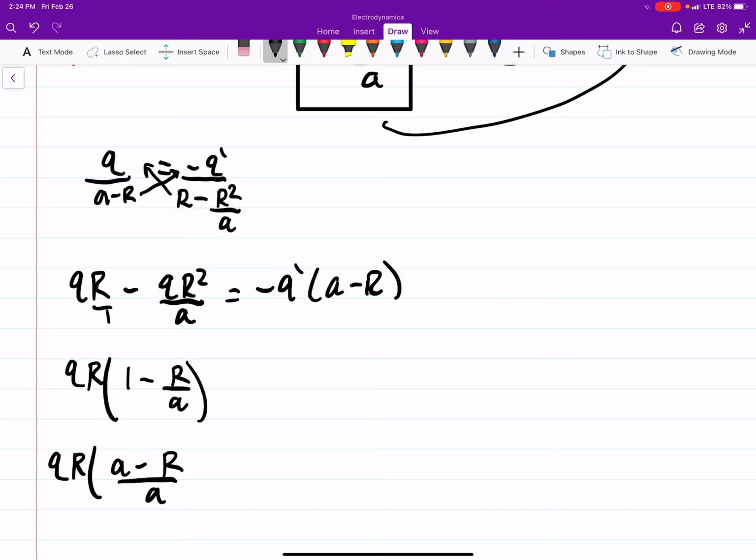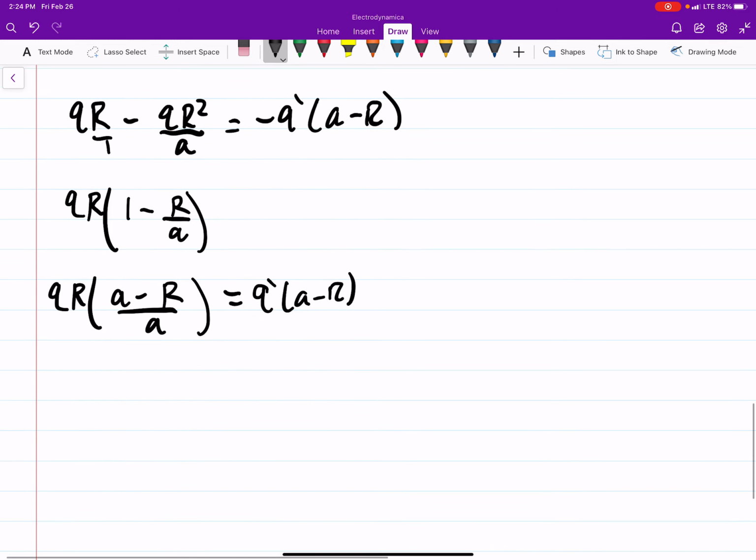The only difference is I factored out a negative. This is still all equal to Q prime A minus R. So then if you factor out the negative, you get minus QR times R minus A over A is equal to, so this had a negative attached to it. I just moved it over, so we had a Q prime.